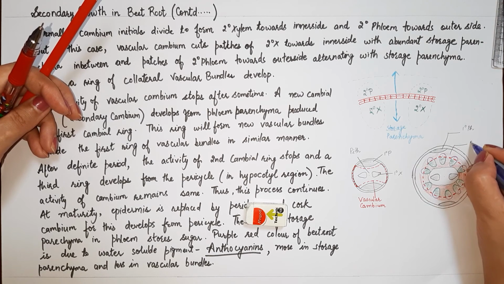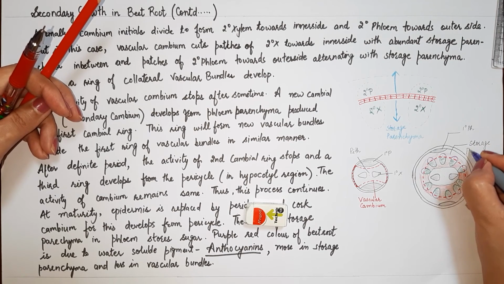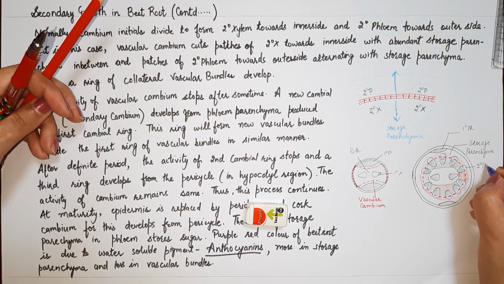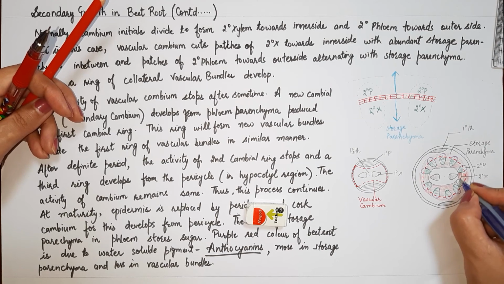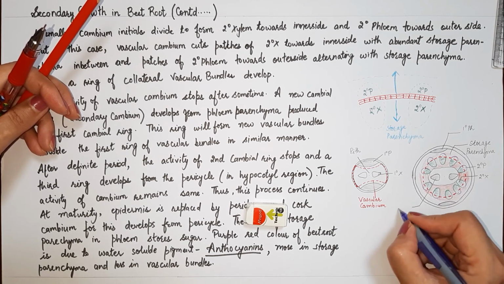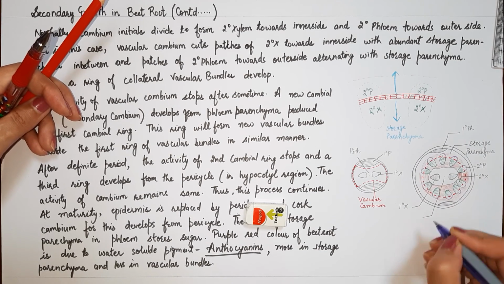This is all storage parenchyma. Secondary phloem, you have to write complete. Secondary xylem, primary xylem, pith.